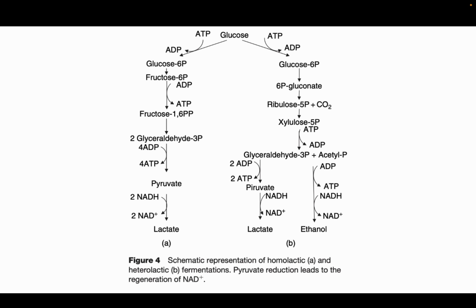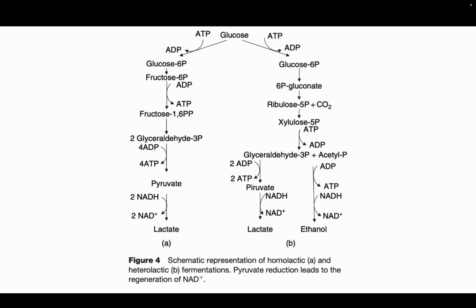Okay. So here we can see a side-by-side comparison of homolactic and heterolactic fermentations. A is homolactic fermentation, so take note. Glucose, once it enters the cell, is phosphorylated to G6P. For the case of homolactic fermentation, there is conversion of glucose to fructose 6 phosphate and bisphosphate eventually.